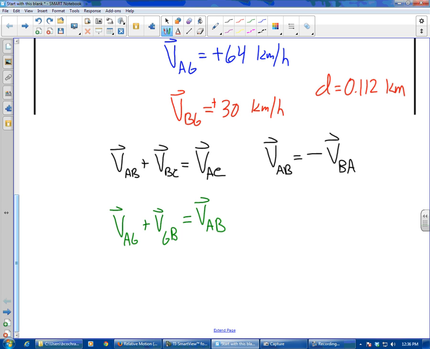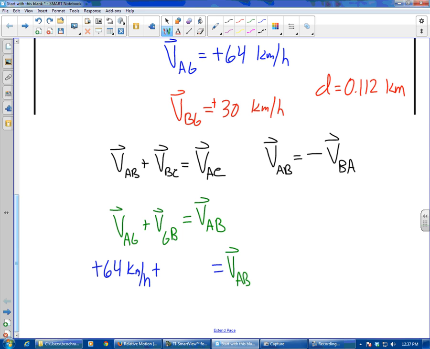So let's see. Oh, I know this first one, right? It's positive 64 kilometers an hour. But what I need is the velocity of the ground with respect to B. Oh, I can use this side, right?